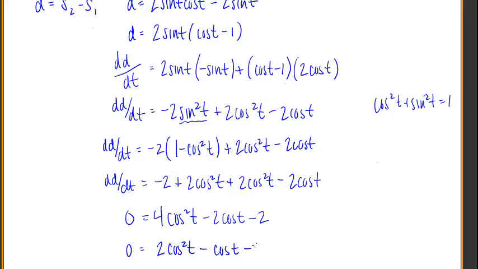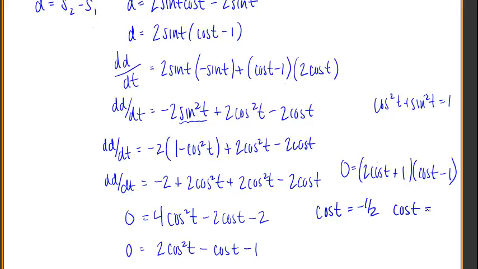Okay, let's finish factoring it. So we have 0 is equal to 2 cosine t and cosine t. The factors of negative 1 add up to negative 1 in the middle, so let's put a minus 1 right there and a plus 1 right there. So it's asking us for when cosine t equals negative 1/2 and when cosine t equals positive 1.